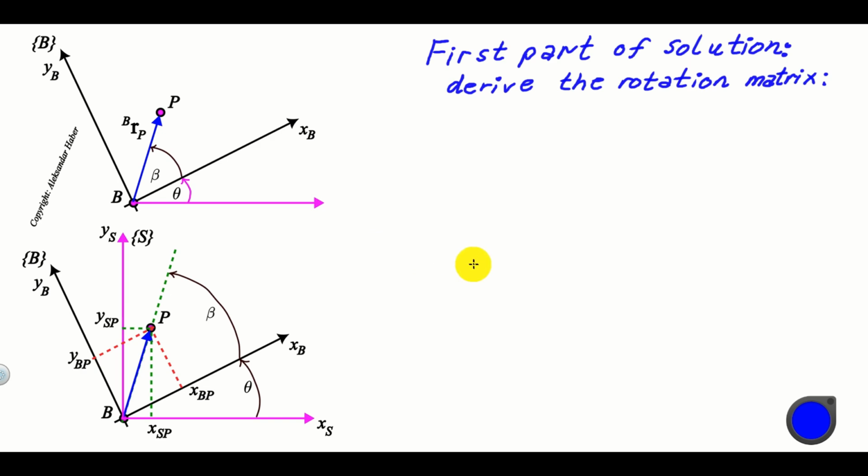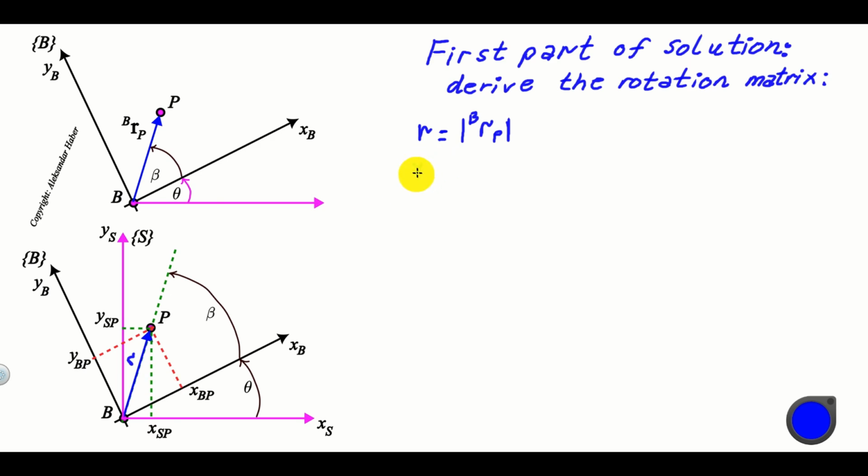To simplify the notation, let us introduce R. R will be the intensity of our vector RPB. That is, this distance over here is R. Next, let's express XSP. Let's see from here.